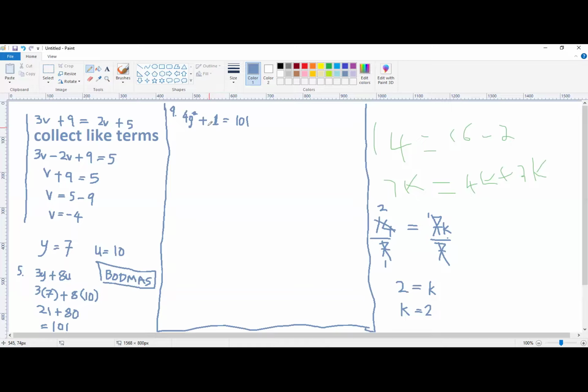Which would give us minus 100, isn't it? Now, for that 4g squared, by the time you move it to the right hand side, since you don't have anything that has g squared in it, we are assuming that there's a 0 there. So 0 minus 4g squared is going to just leave us with minus 4g squared, because 0 minus anything is minus that thing. Do you agree with that?